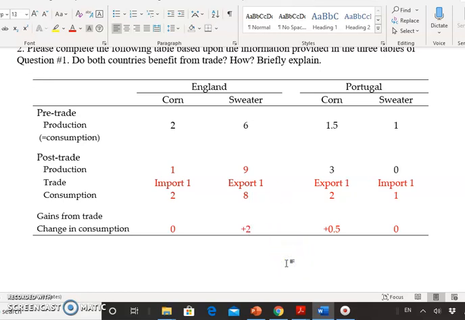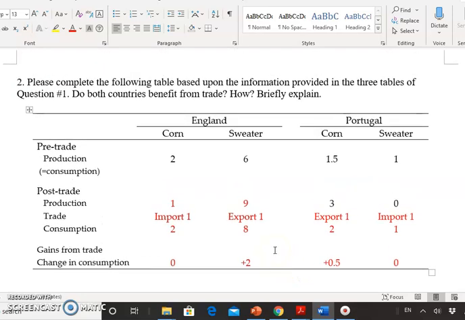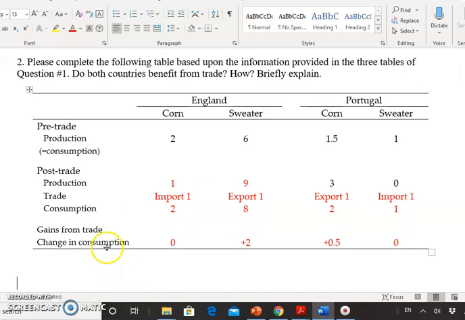All right. Believe it or not, we already showed you the gains from trade. One more time with the change in consumption. Again for England, its corn production stays the same, so nobody gets hurt. You still have the same amount of corn to consume, but they have 2 more sweaters, so they are better off. For Portugal, their sweater production stays the same.